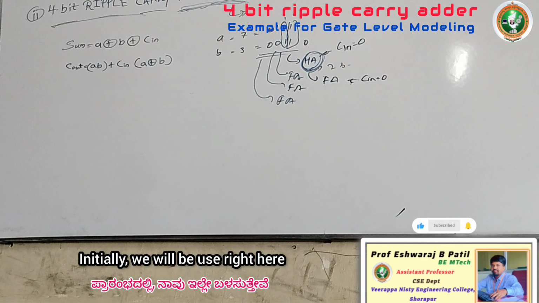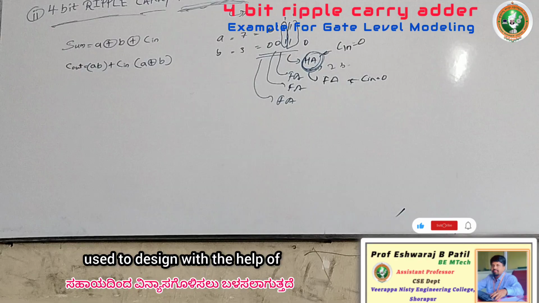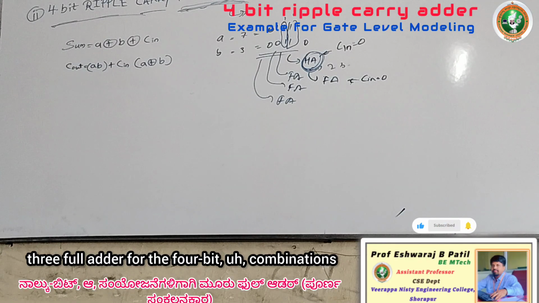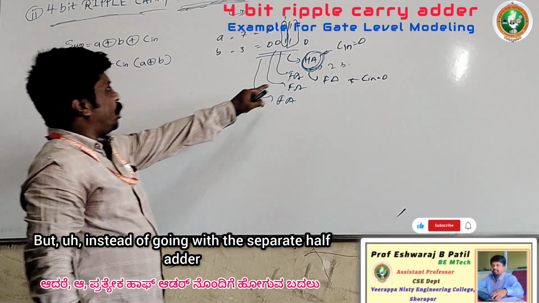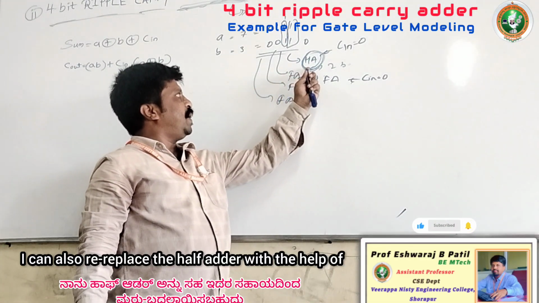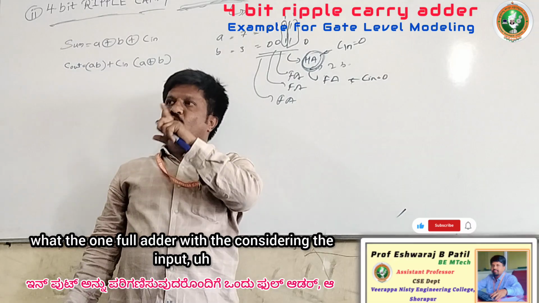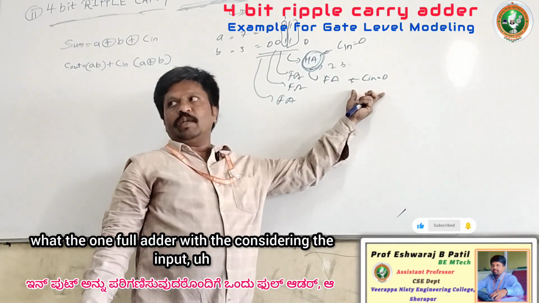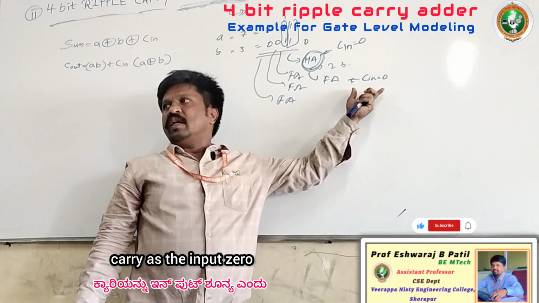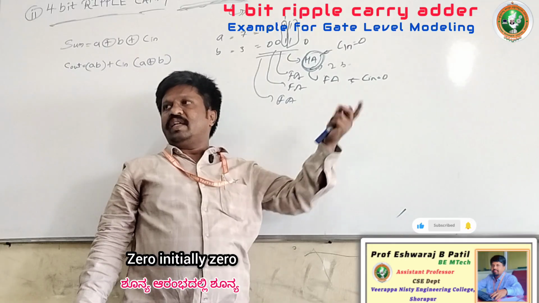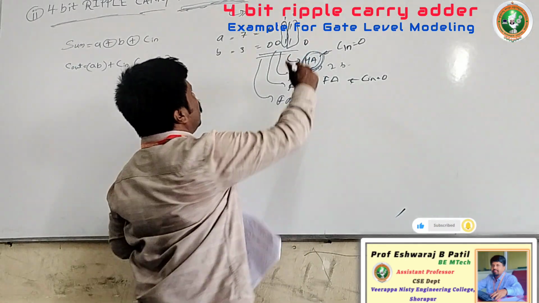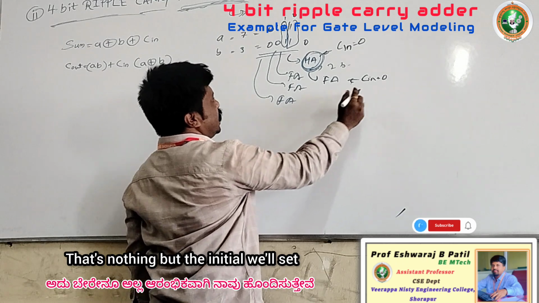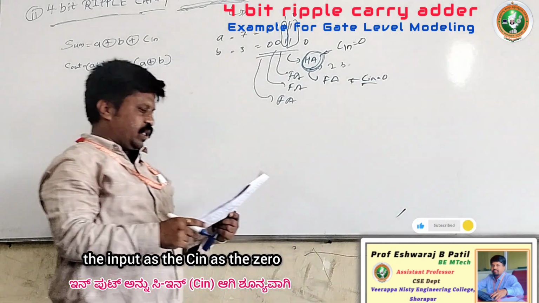Initially we would design the 4-bit combination with 1 half adder and 3 full adders, but I can replace the half adder with 1 full adder, considering the input carry as 0. Initially any carry is 0, so we set Cin as 0.